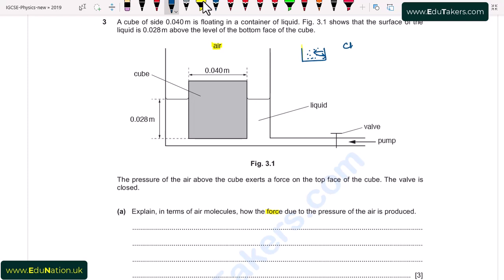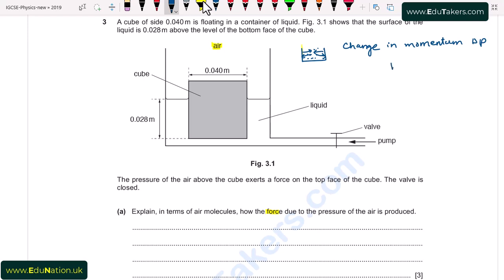I write here change in momentum, delta P. So we know that the rate of change of momentum is actually equal to the applied force. It means that when the molecules collide with the wall of the container, they change their direction and it causes a change in momentum due to which the force is produced.